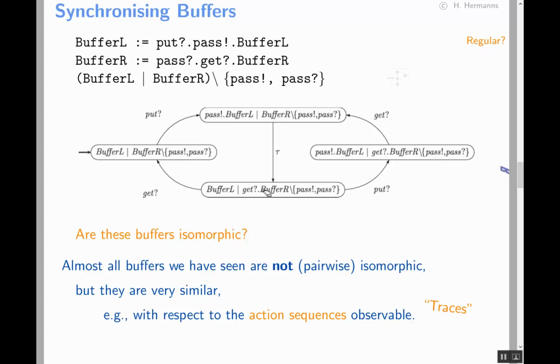And now, okay, we could say that two buffers are the same if they have the same traces. We still would have to deal with the tau and so on, right? And indeed, we are going to explore this next. This will be a big topic in the next part of our theory fragment of the lecture, so to speak.